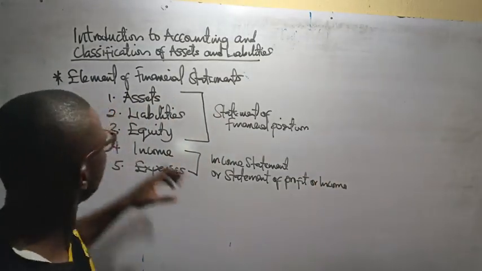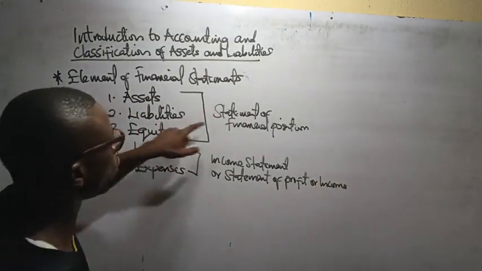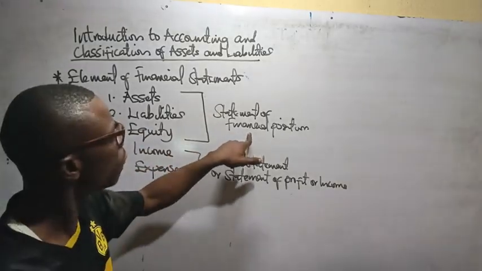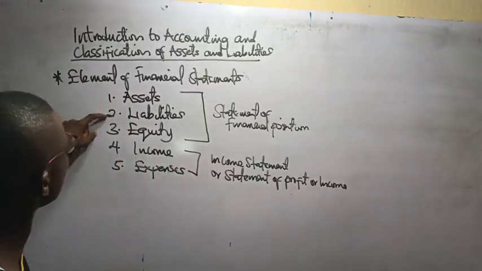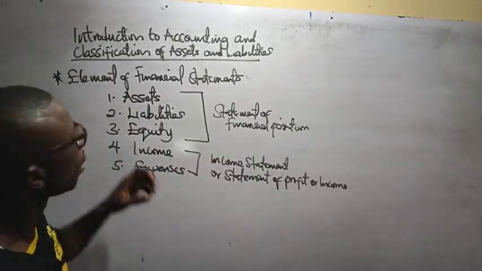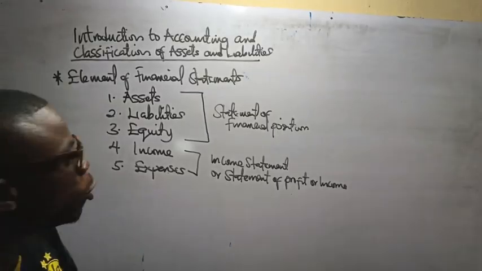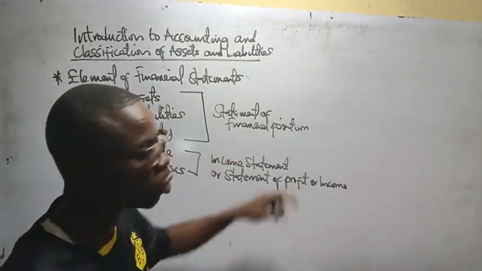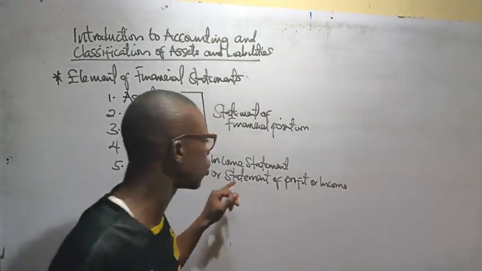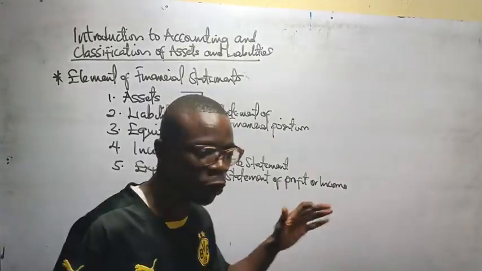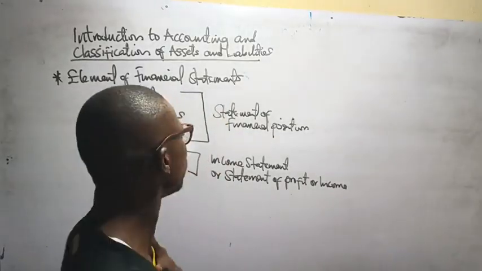That means you find these 3 elements in your statement of financial position, meaning that assets, liability, equity are the items that make up your statement of financial position. While income and expenses can be found in your income statement, or you call it statement of profit or loss account.